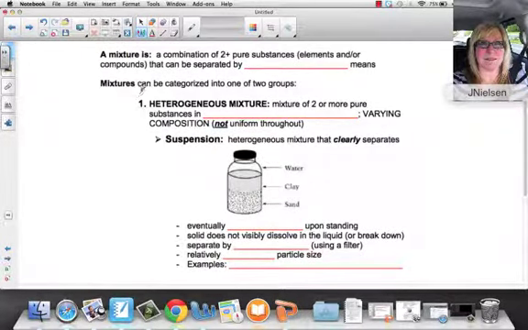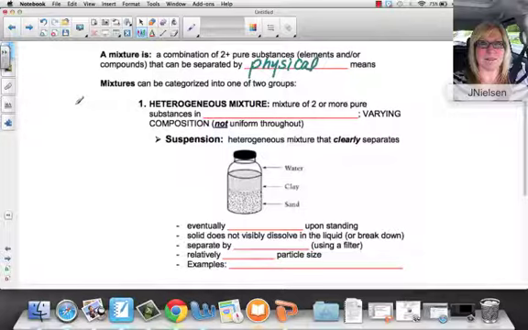Okay, so a mixture is, remember, a combination of two or more pure substances. These can be elements and or compounds that can be separated by physical means. So remember, a mixture can be separated by physical means. It's like taking sand and salt and mixing them up in a bowl, and then I ask you to separate them.